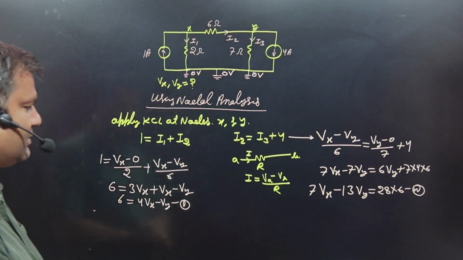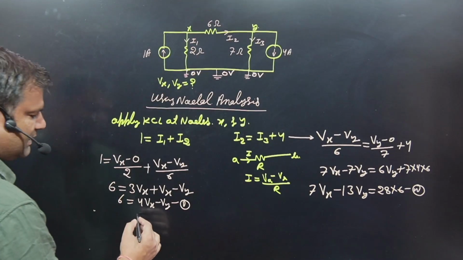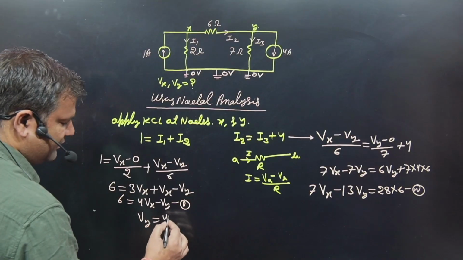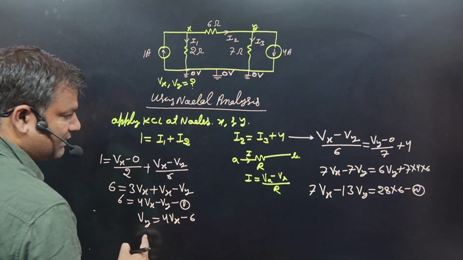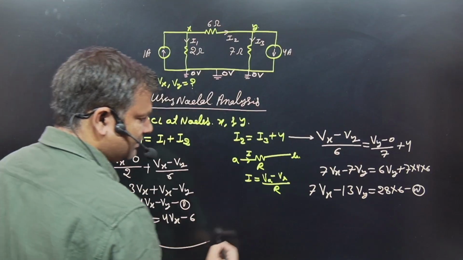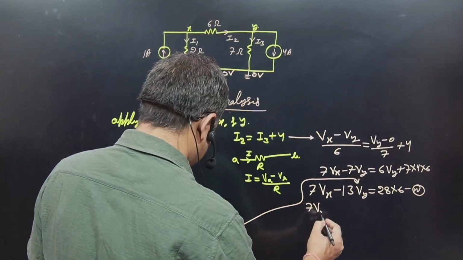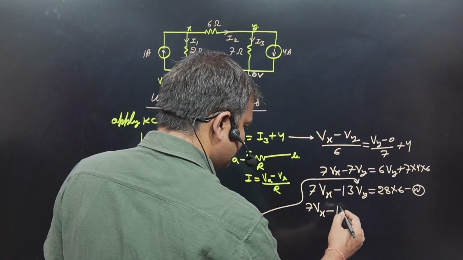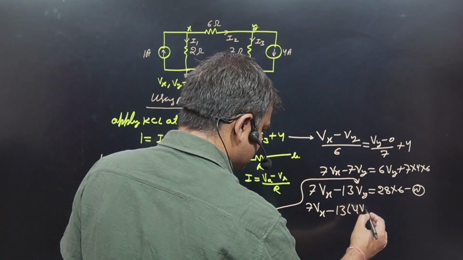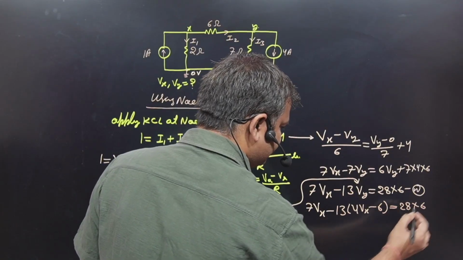Now from 1 and 2, what about Vy? Vy is basically 4Vx minus 6. If we put that value here, we get 7Vx minus 13 times (4Vx minus 6), which equals 28 into 6.